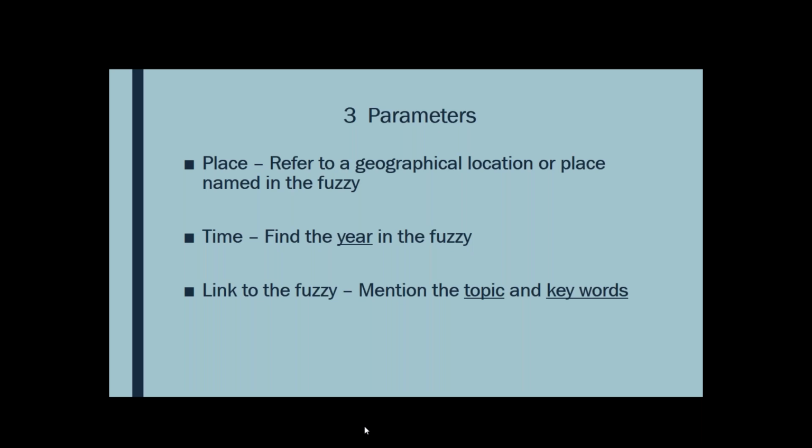If in the decade since something happened, whatever that was, in 2030, I'll use that because it's at least 20 years in the future, that would make the decade 2040. The date would be 2040. They've given you a little trick there. And there needs to be a link to the fuzzy. You want to mention the topic and you want keywords from that future scene.